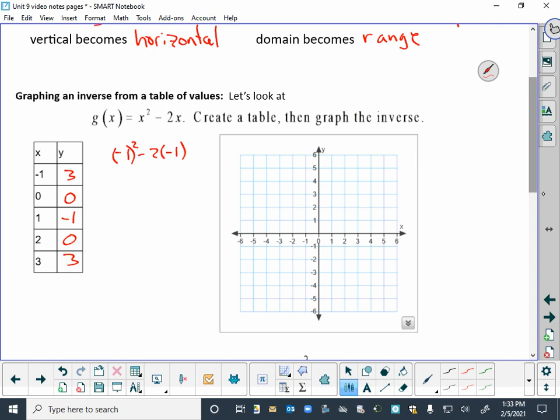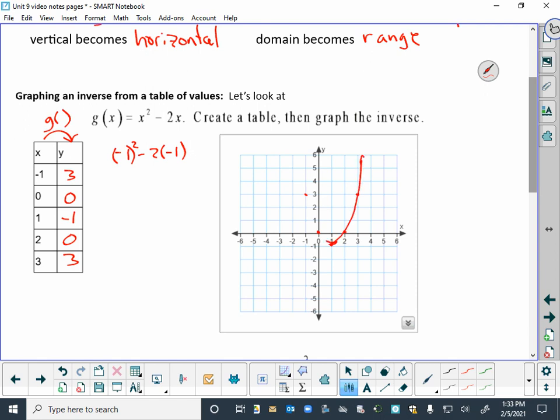So I'm going to graph the function here, first of all, in red. This is g. g changes these x's into these y's, and I have points at (-1, 3), (0, 0), (1, -1), (2, 0), and (3, 3), and I recognize the parabola happening here.